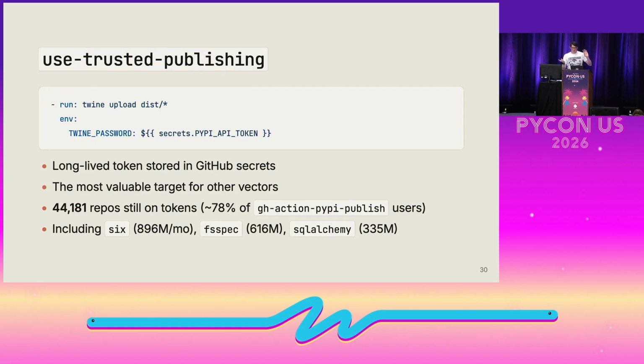Use trusted publishing. Kind of an audit, kind of a suggestion. This is basically saying, like, we found publishing scripts that don't use trusted publishing. So the name of the audit is a suggestion rather than the declaration of the problem. And as I said, kind of at the start, there's a good number of repos that are still using the more traditional kind of long-lived token, including some very, very popular packages.